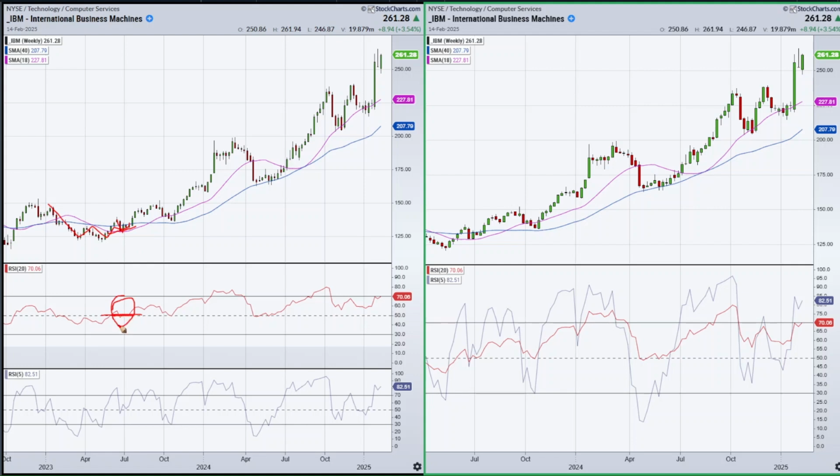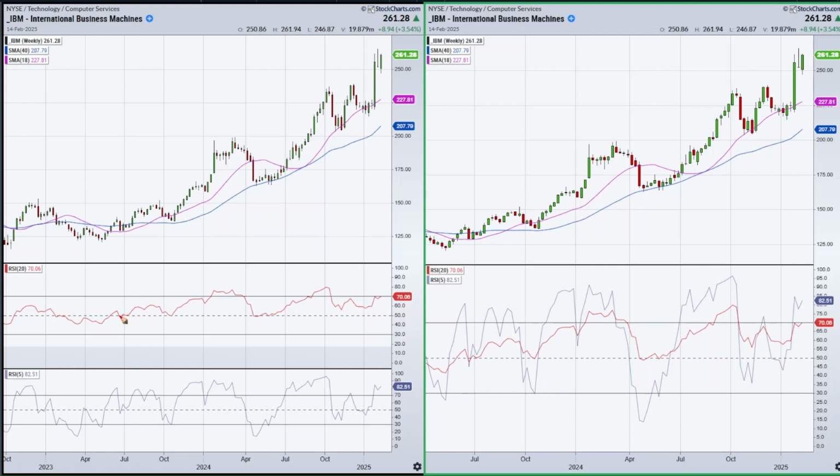Now, it wasn't exact, it might have clipped it by a little bit, but it was right in the area of the 50 line, and then from that point on we have held 50, and even here during these two pullbacks we didn't even get all the way to the 50 line. It was so strong that it stayed well above the 50 mark.